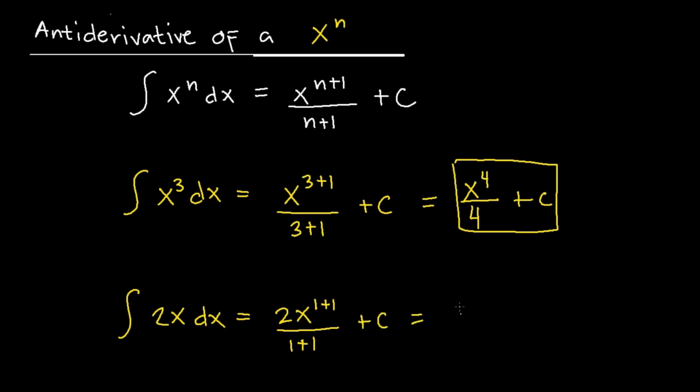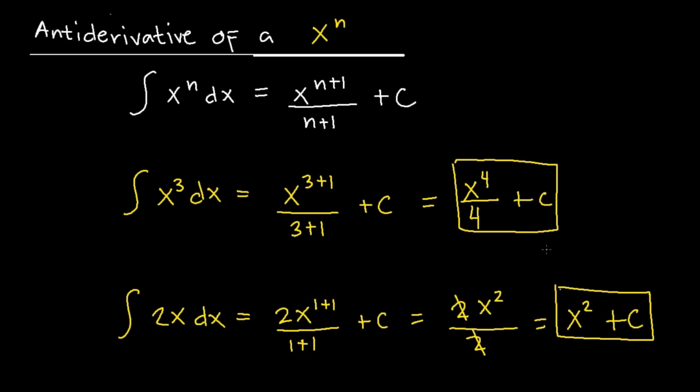So simplify: 2x to the 1 plus 1 is 2, over 2. Then those cancel and equal 1. So what remains is x squared plus c. So that's how to get the antiderivative of the form x to the n.